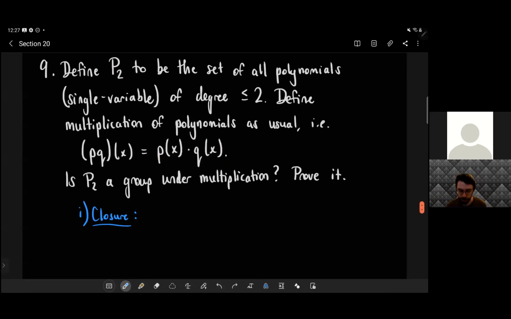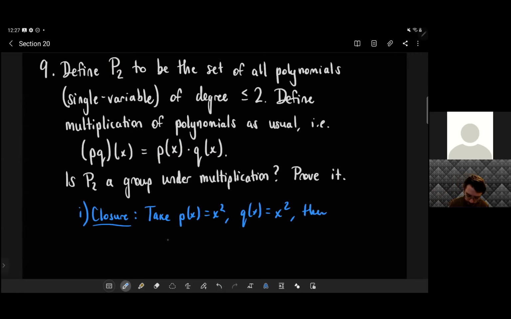After thinking for a minute, you should come up with the answer. No. Take p of x equal to x squared, q of x equal to, I don't know, also x squared.